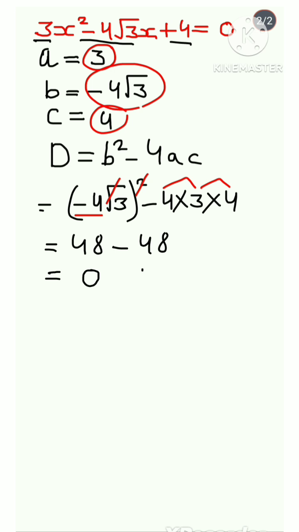Here the discriminant is equal to 0, and in this condition, as we know, if the discriminant is equal to 0 then there will be two equal real roots, right?